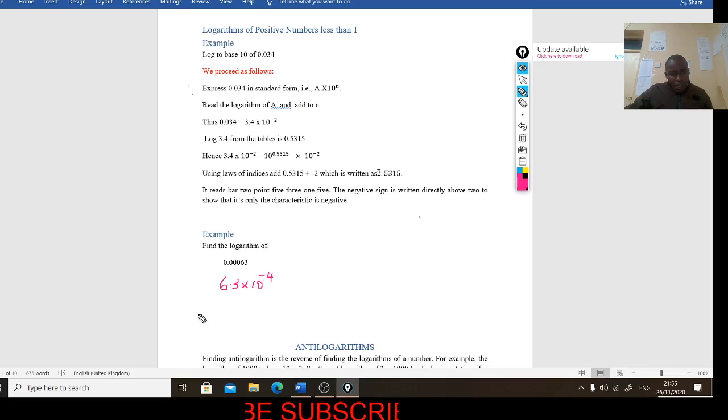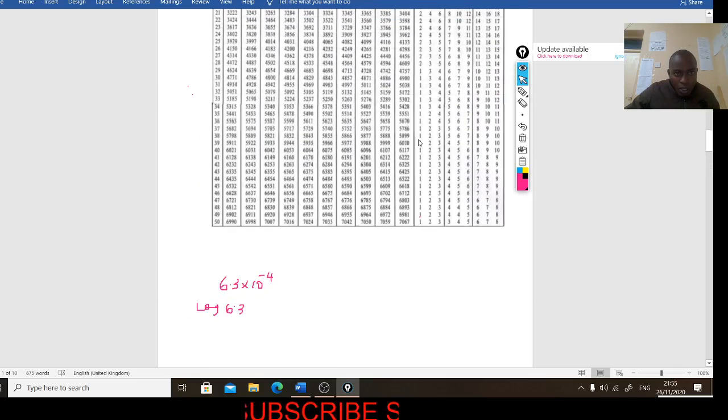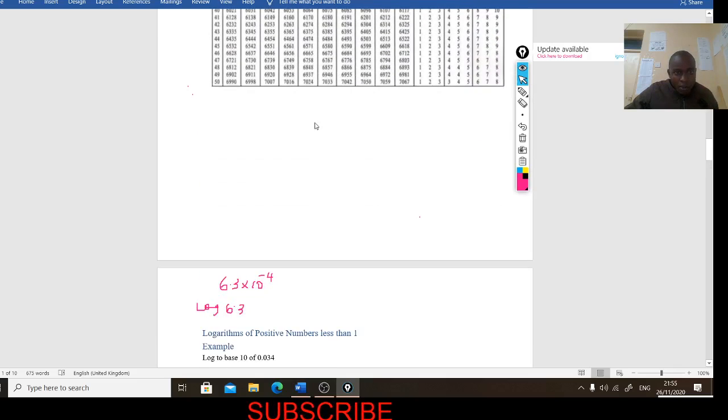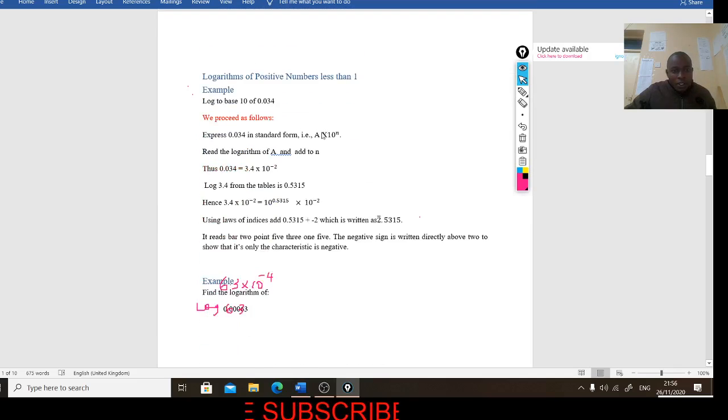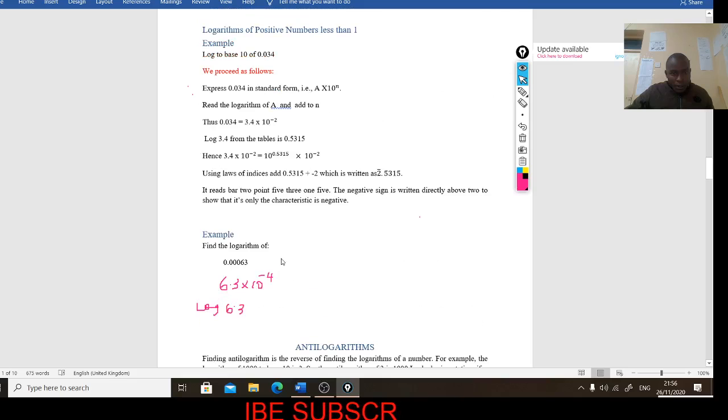So I read the logarithm of 6.3 from the table. If I read the logarithm of 6.3 from the table, I go into my table and read 6.3. So I read from my table the logarithm of 6.3.